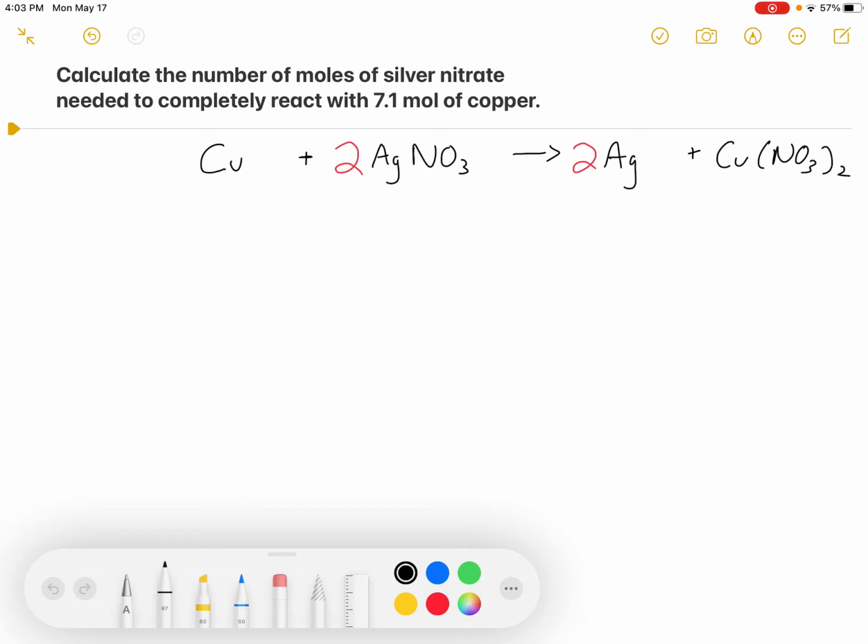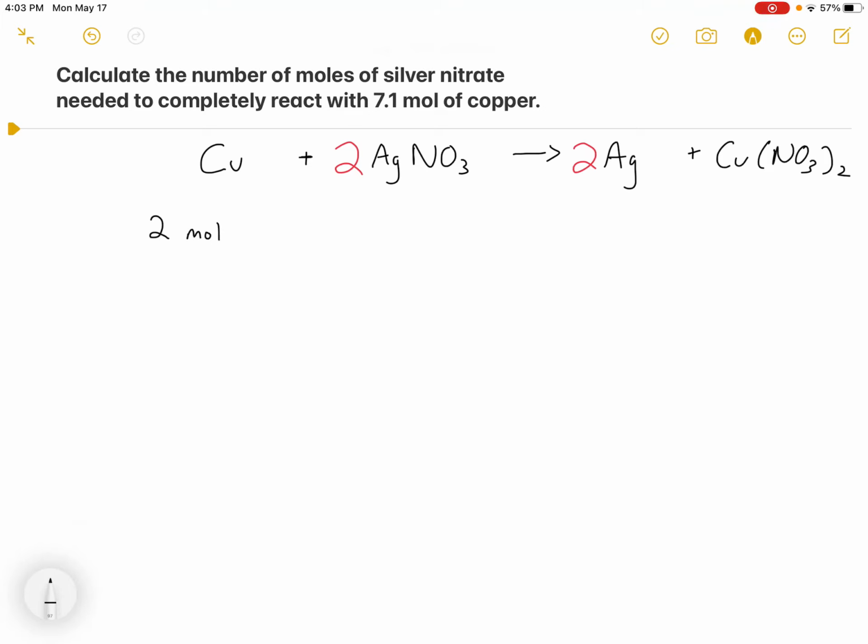So now we're going to need to set up an equivalent proportion to be able to determine the number of moles of silver nitrate we're going to need. So we know, based on the coefficients in this reaction, we can automatically from that determine the molar ratio. So we know that there are 2 moles of silver nitrate needed to completely react for every 1 mole of copper.